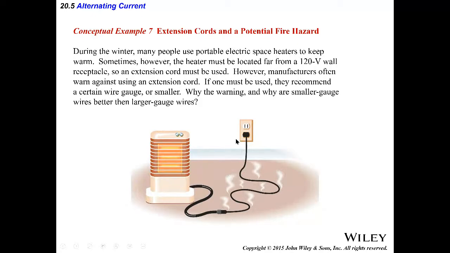Okay, now this is the picture that I should have used. They say extension cord and potential fire hazard. And imagine that you have a house that has a heater and winter is coming. By the way, fall has already started at 3 o'clock, I think, the fall season.